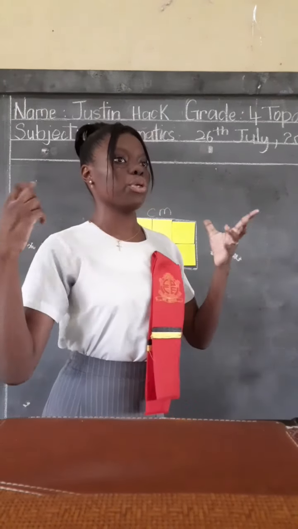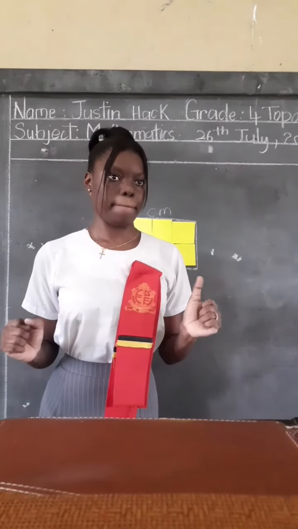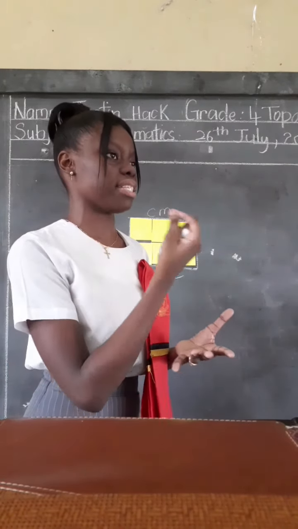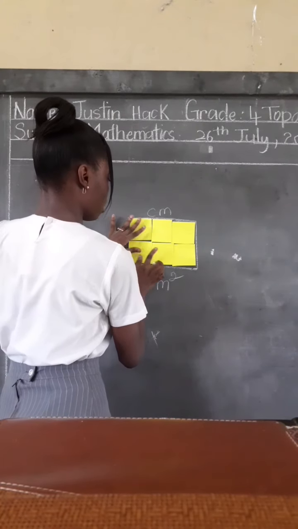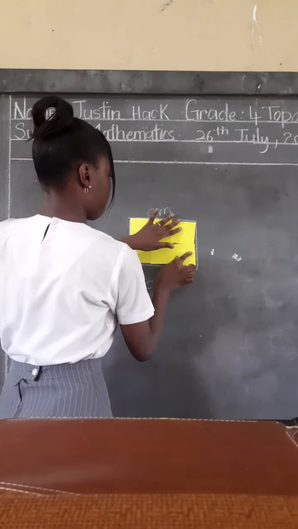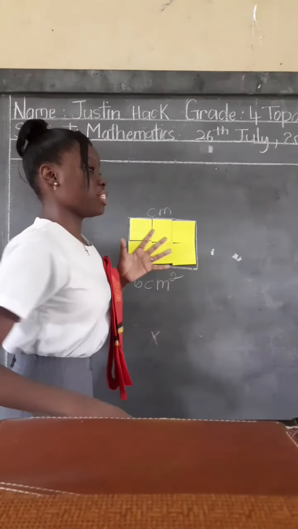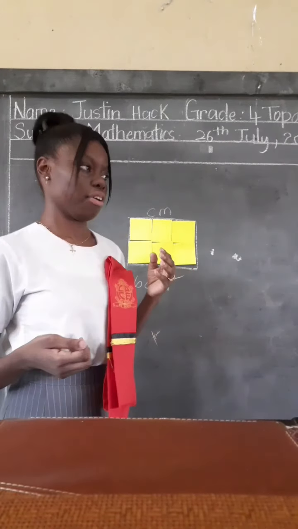So since we're using area, we can't just use cm and m. We have to only use it with squares attached to it, right? Because that is how we're going to find the area of the shape, right? So we can use a checkered line book to make our job very easy, right?